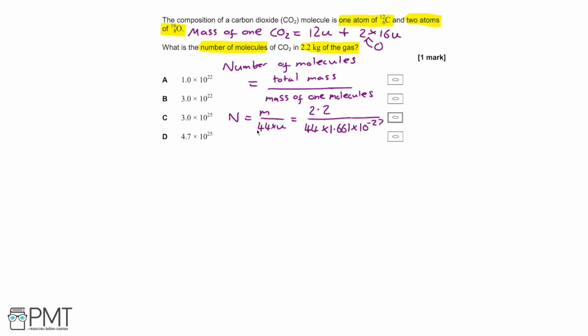We've just taken this value from the datasheet. So doing that calculation, we find that N is equal to 3.010... times 10 to the 25, which is approximately equal to 3.0 times 10 to the 25, which means that our answer has to be C.